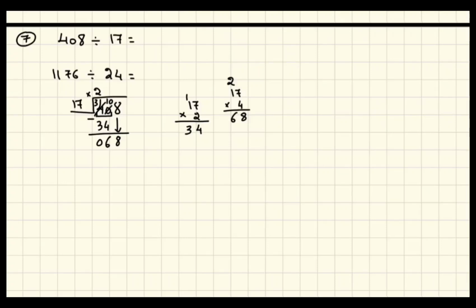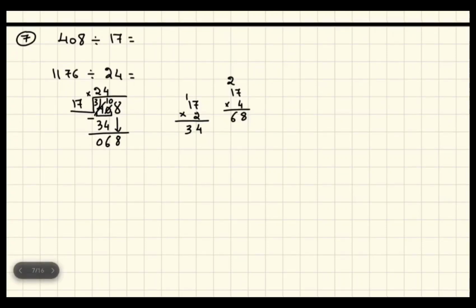So I got 17 times 4 to be 68. So I will write here 4, here 68, and we subtract. Now the remainder is 0. It means this is an exact division, and our answer will be 24.